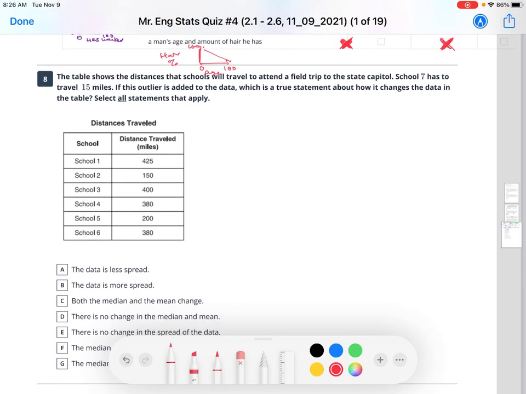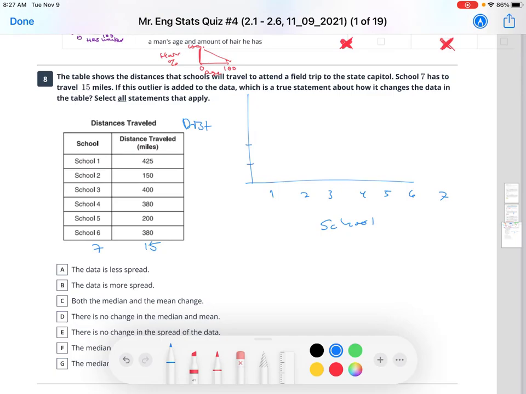Number 8, the table shows the distances that schools will travel to attend a field trip to the state capital. Add school 7, 15 miles. If this outlier is added to the data, which statement is true about the changes in the data? You can just quickly graph these. School, and then distance.